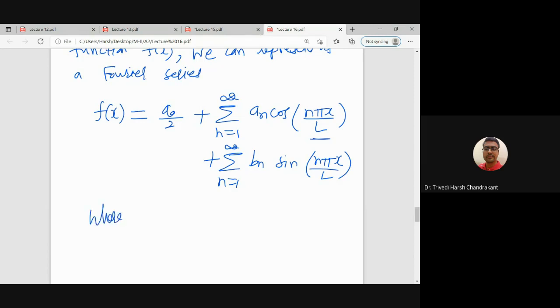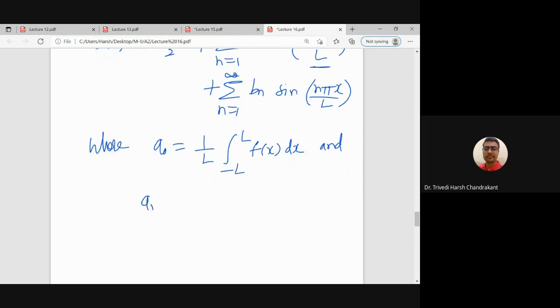If we do the same here, we get the constant a0, which turns out to be 1 divided by L times the integral from minus L to L of f(x) dx, and the other coefficients, for natural number n, are an equals 1 divided by L times the integral from minus L to L of f(x) cosine(n pi x by L) dx.